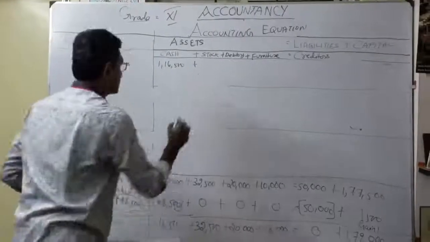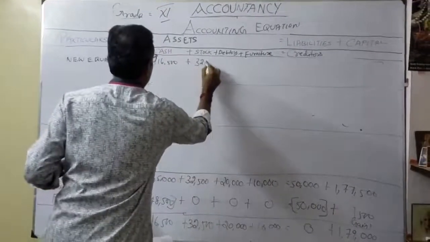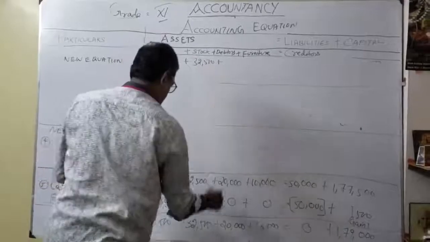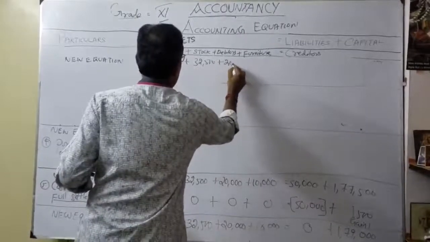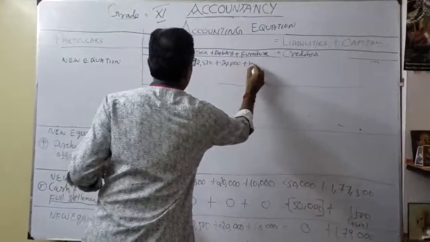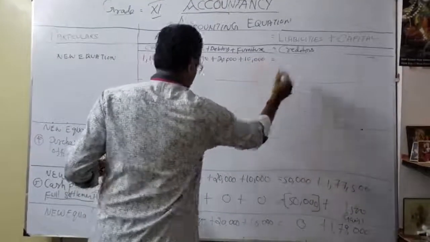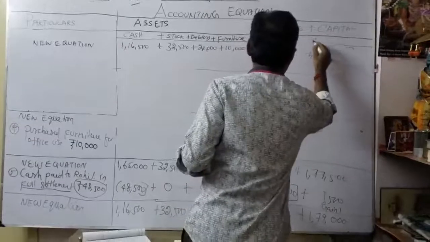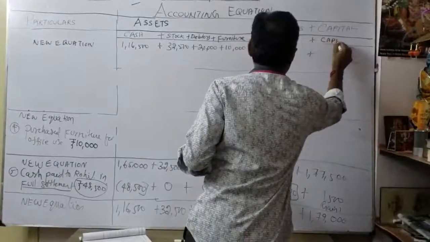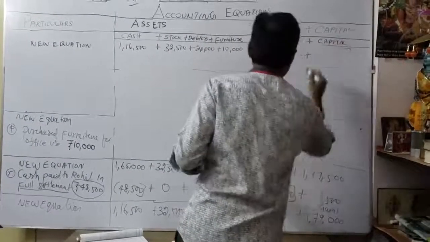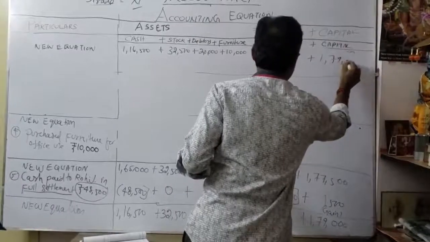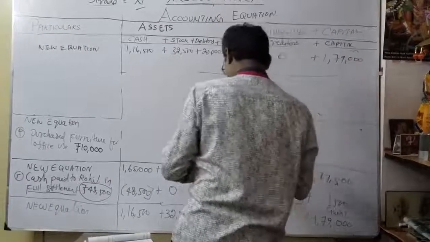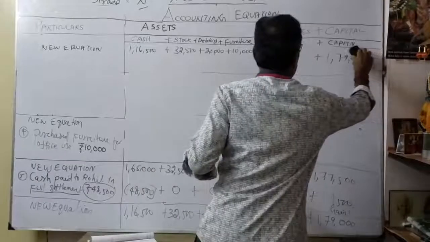My stock is 32,500 plus my debtors, how much? 20,000. My furniture 10,000. There are no creditors. So what is my capital? The capital is 1,79,000. You understood? Now we will continue with the next transaction.